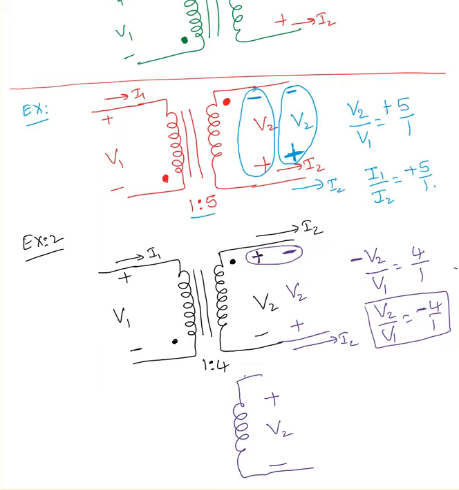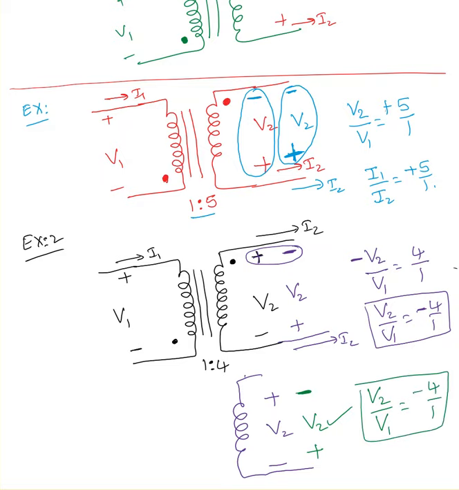Now by using the dot convention, you found that this terminal is supposed to be negative and this terminal positive. So the original V2 is supposed to be like this: the bottom one must be positive, the top one must be negative. But the author already gave you bottom one negative, top one positive, which is opposite to the calculated value. That is the reason I'm taking V2 over V1 equal to minus 4/1.